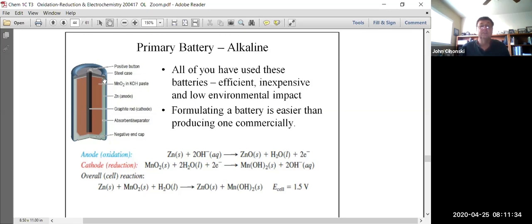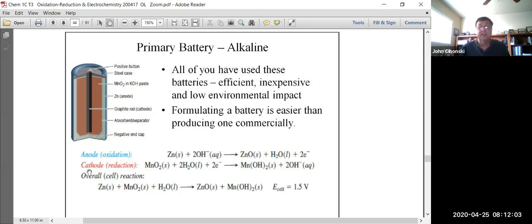Now, if you'll notice, for efficiency, our zinc anode actually doubles as the can that holds the battery. So depending on how much zinc is in here and the form it's in, that will contribute to how much current you get out, and it will contribute to how long the battery is useful, its life.